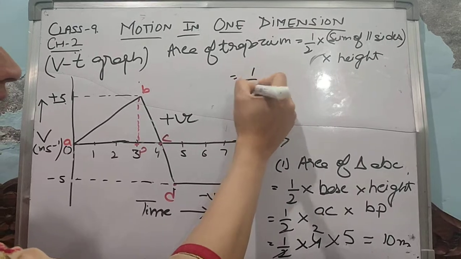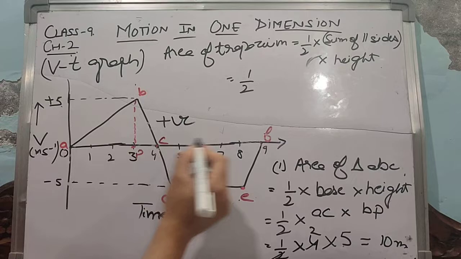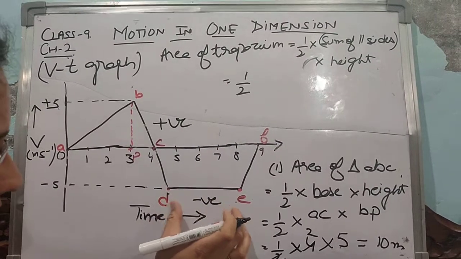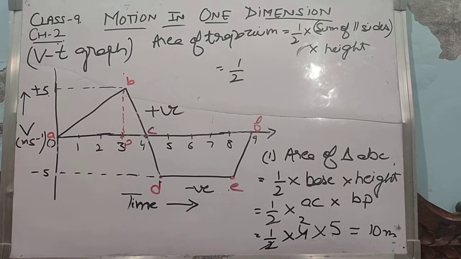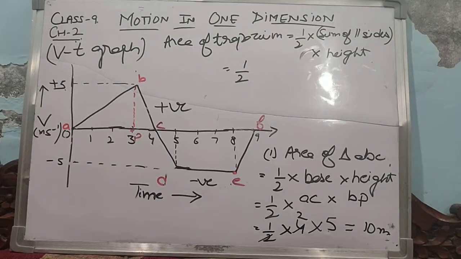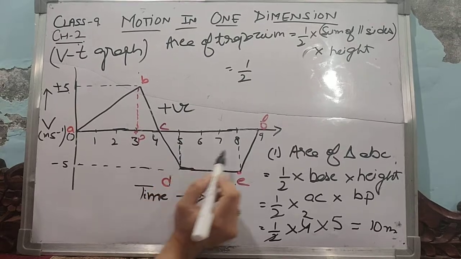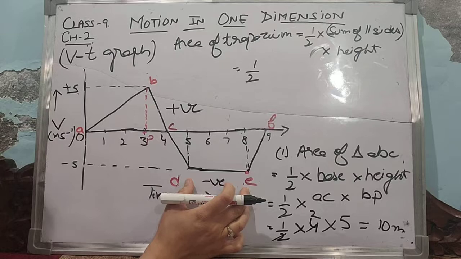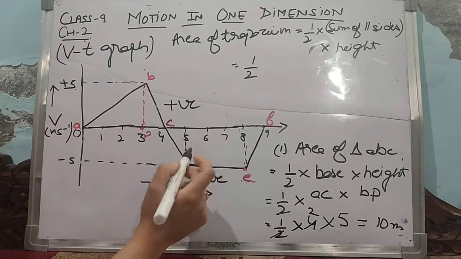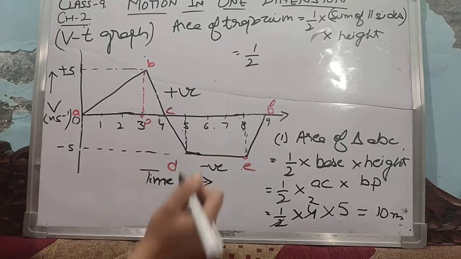Now I write here half. Here parallel sides are DE and CF. So what is the value of DE? You can see here from the gapping, if I join these coordinates 5 and 8 to the given line, we can obtain the value of DE, and that will come out to be, you can see the gapping here, it is 1, 2, 3, that is 8 minus 5 is equal to 3.